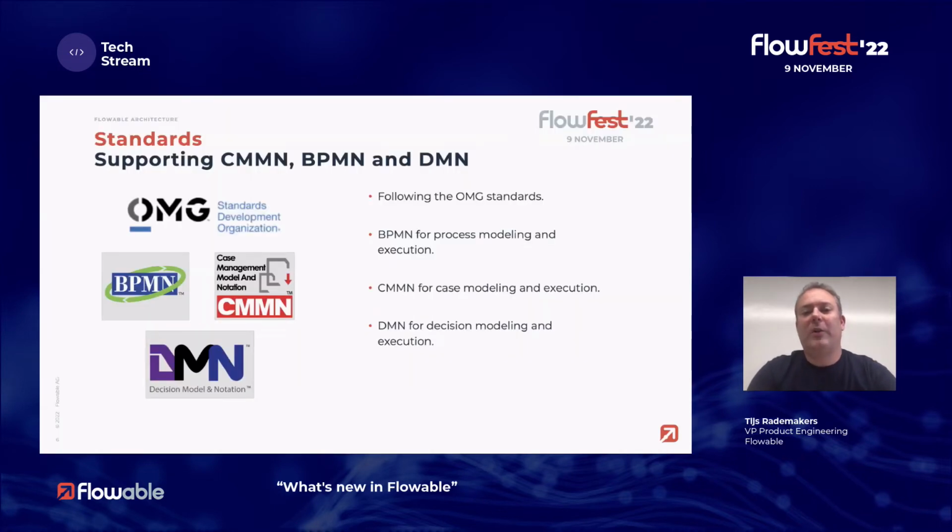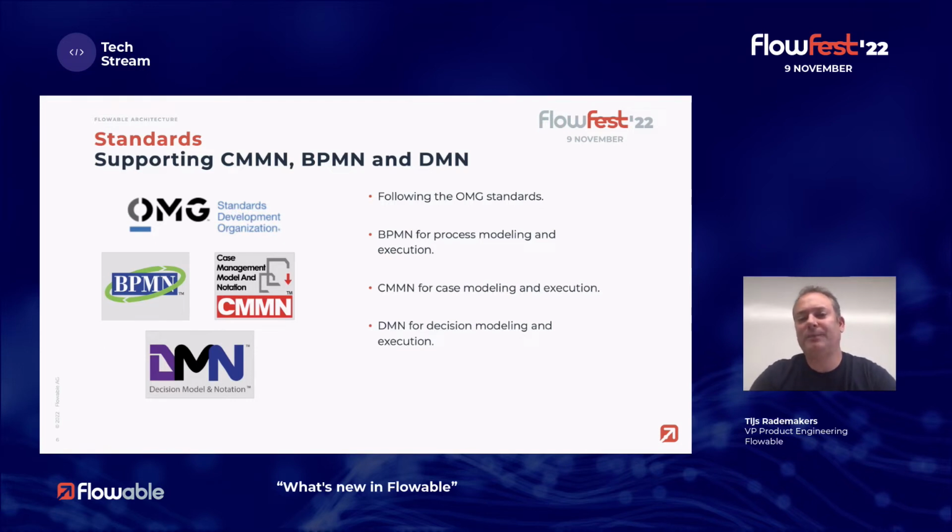Now, if you go ahead and dive a bit into those different parts, it really starts with supporting the standards that I just mentioned. And just to recap a bit, OMG is the standardization organization. It provides a safe haven for a lot of open standards that we have today. And a couple of those are the ones that we talk about today.